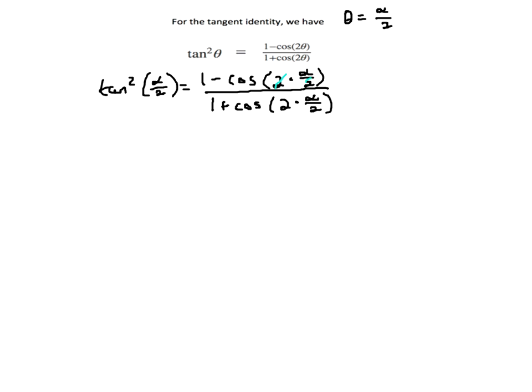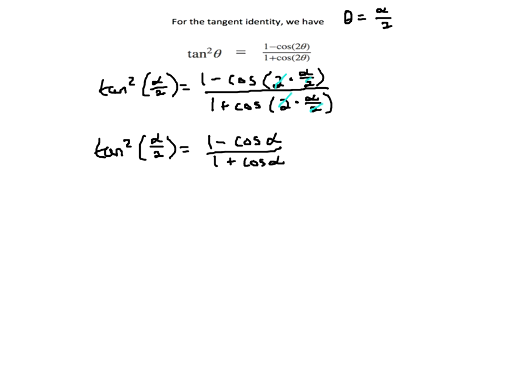My 2's divide out, and I have that tangent squared of alpha over 2 is equal to (1 minus cosine alpha) over (1 plus cosine alpha).